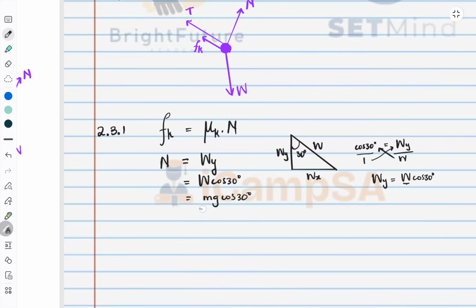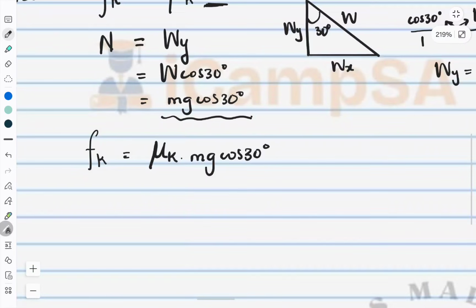So what that means is I won't substitute yet here. I will take this equation and then substitute it for N. Okay, so that means my Fk is mu k times mg cos 30 degrees.